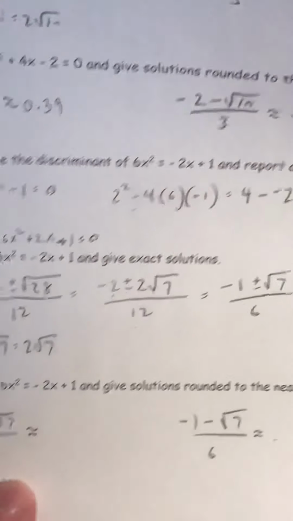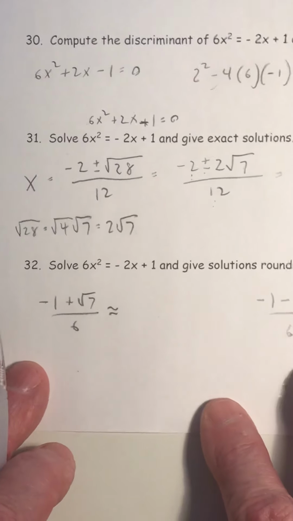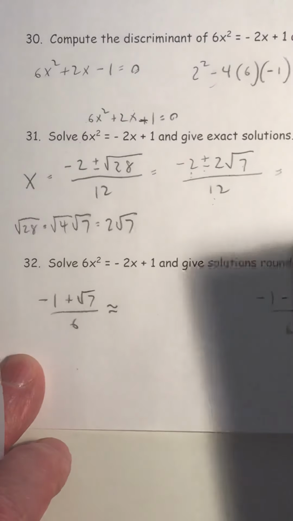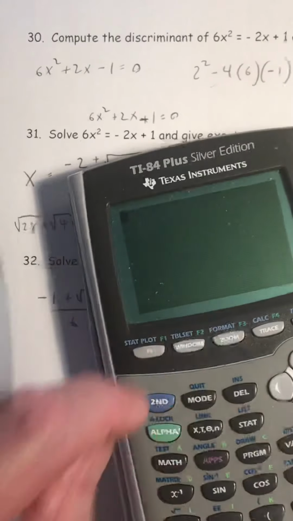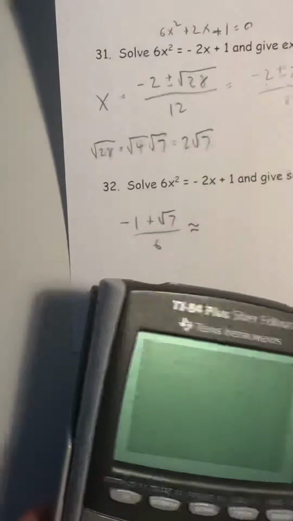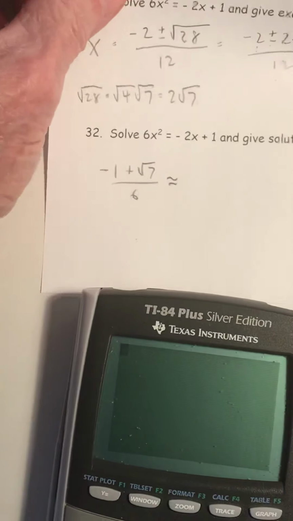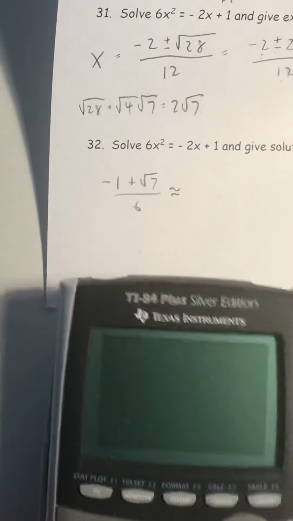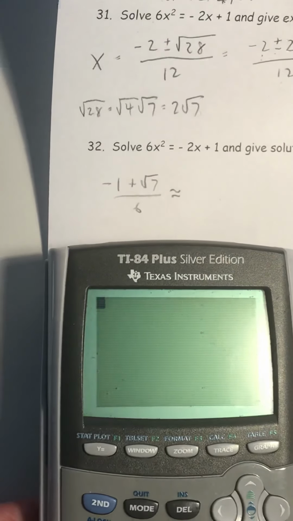And finally, solutions to the nearest hundredth. We're going to do the same thing again. First I need this piece of paper to cooperate. Stay paper. Bad boy. I need to wrap the numerator in parentheses.